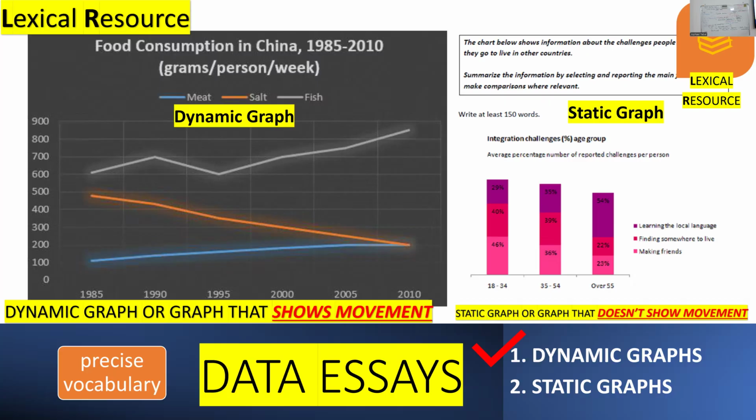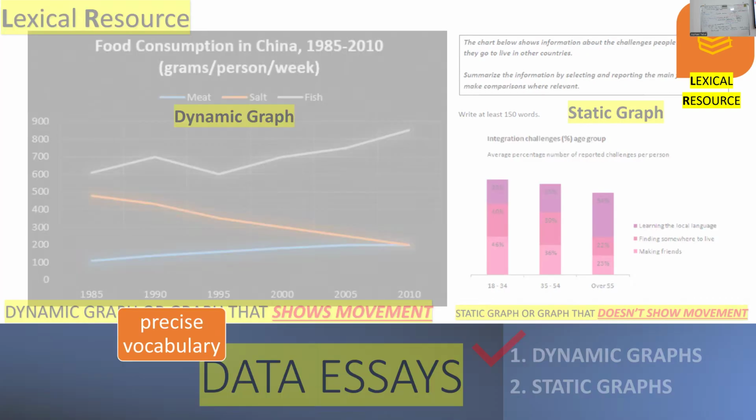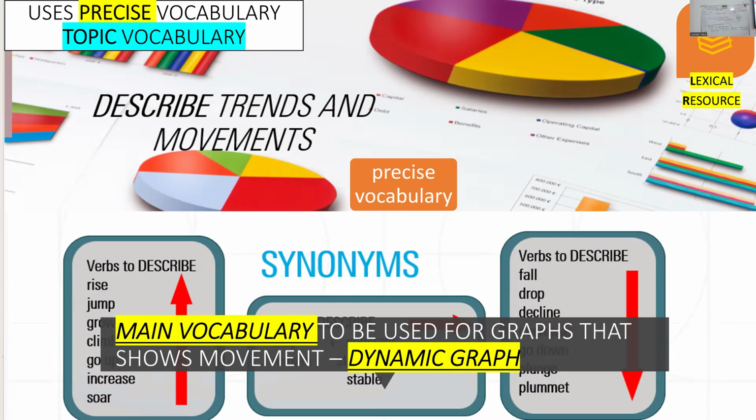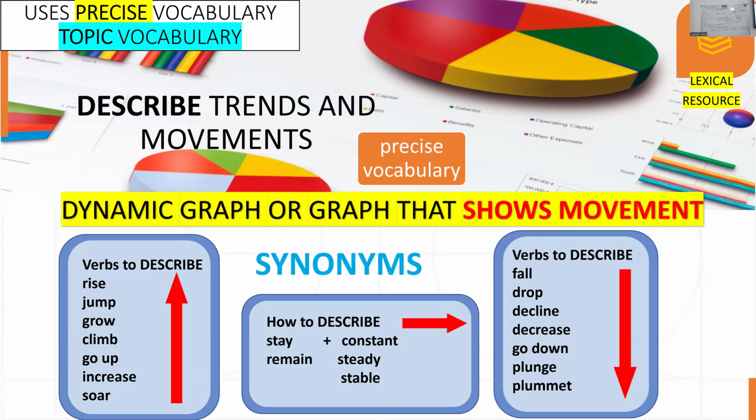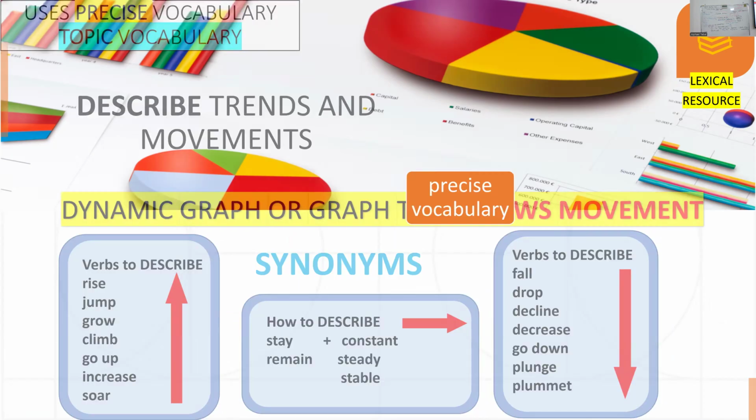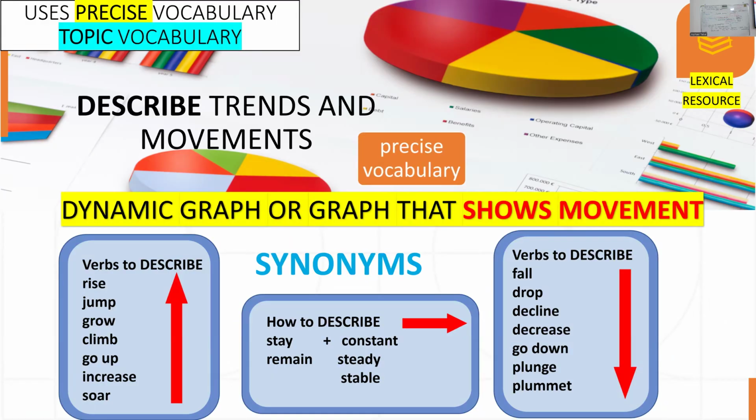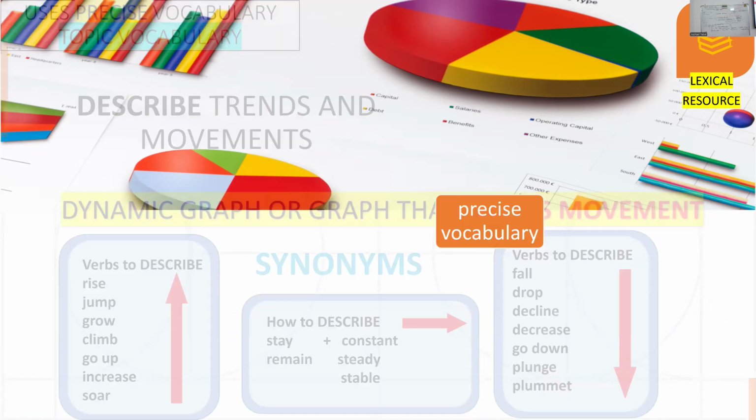So for example, here the verbs, we have precise vocabulary for verbs. We have verbs to describe the upward trend, the trend that doesn't change, and the trend that goes down. So here we have plenty of synonyms to be used in describing the trends, such as upward trend, didn't change, and downward trend.